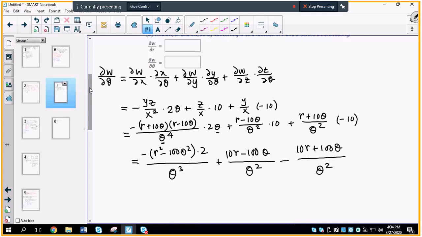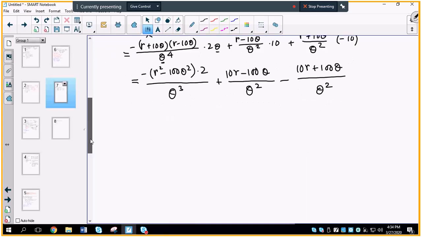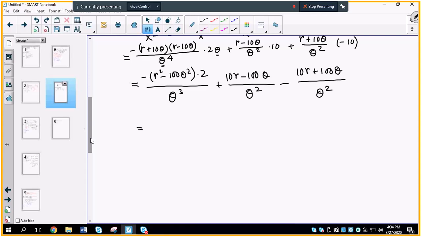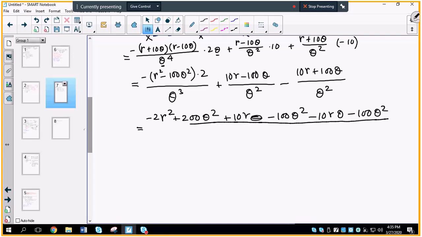Let's see whether we can simplify this thing. So for the common denominator, the second term and the third term will be multiplied by a theta on top and bottom. So I will get minus 2r squared plus 200 theta squared. Then I will get plus 10r theta minus 100 theta squared minus 10r theta minus 100 theta squared when I multiply theta on top and bottom for the second term and the third term all over theta cubed.